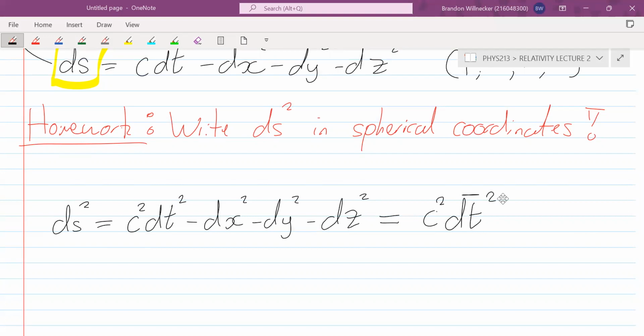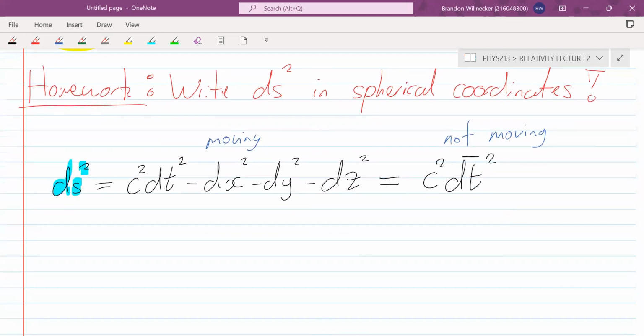So the bar is for the primed coordinate system, or your one. This first part here is moving; this one here, not moving. However, they are equal, because this ds squared doesn't care about your choice of coordinate system. So we've got this relationship between the two metrics, the one that I'm using and the one that you're using. We're going to see what we can get from this.